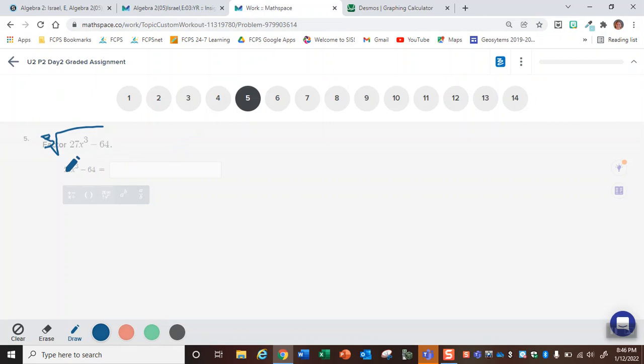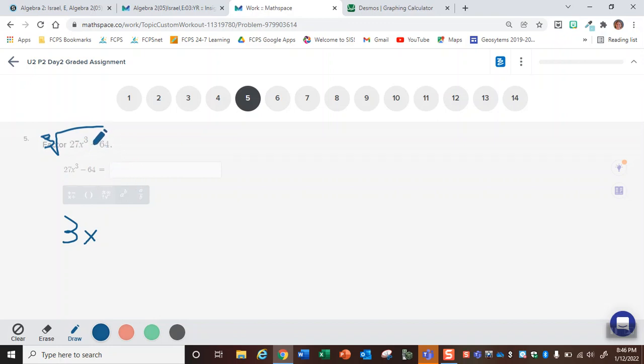And see how these are stuck together? I've got 27x cubed, so it's going to be 3. And then the cubed root of x cubed is x. So I go from 27x cubed to 3x when I take the cubed root.